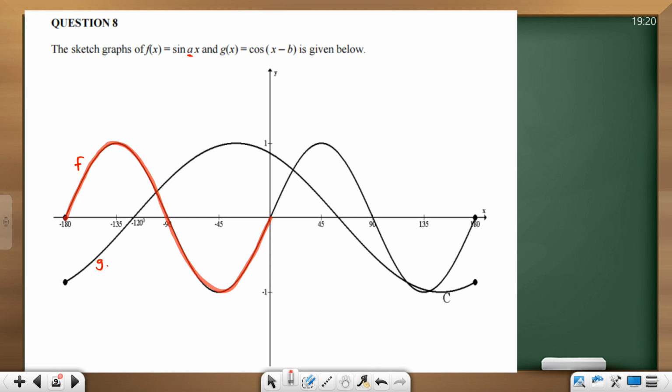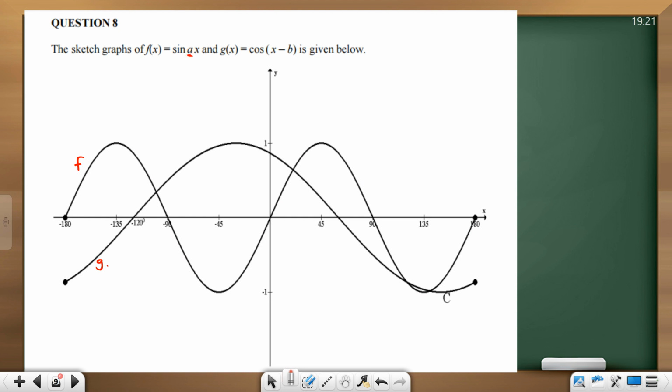That's one full cycle there. And what is the length? 180. But we said it must be in 360, right? Let's check something. If we look at 360, from here to here is 360. How many graphs do you have? How many? 2 graphs in 360. So that value is what? 2. Does that make sense?